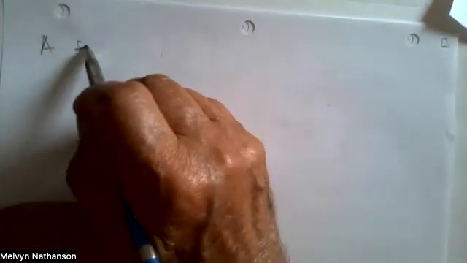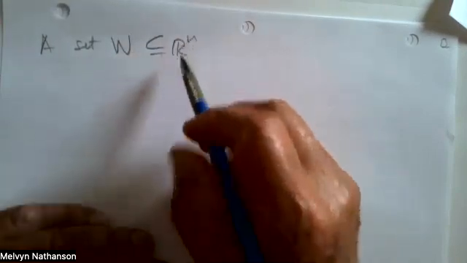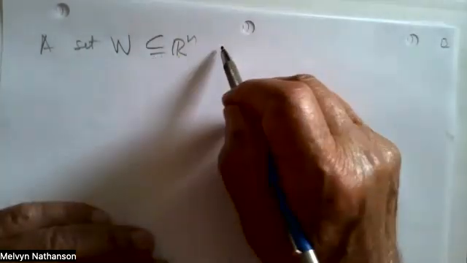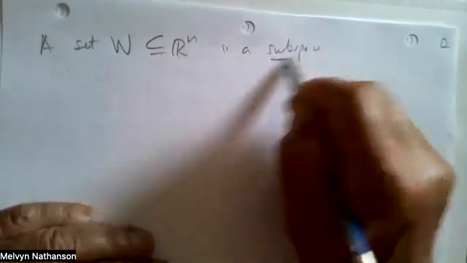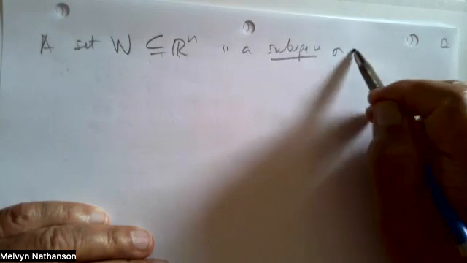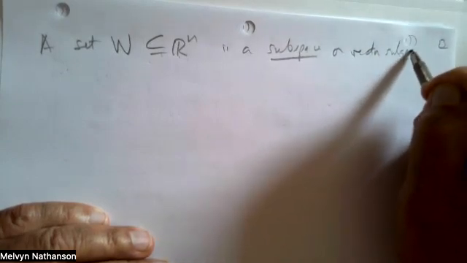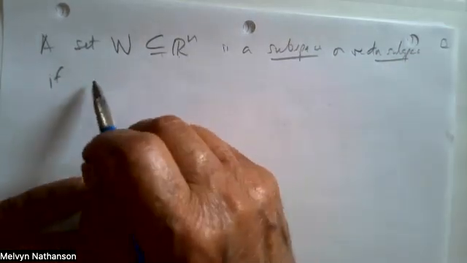So a set W contained in Rn, this means a subset of Rn. Rn is all vectors, and W is a subset of Rn, is called a subspace, or it's also called a vector subspace, if the following three conditions are satisfied.